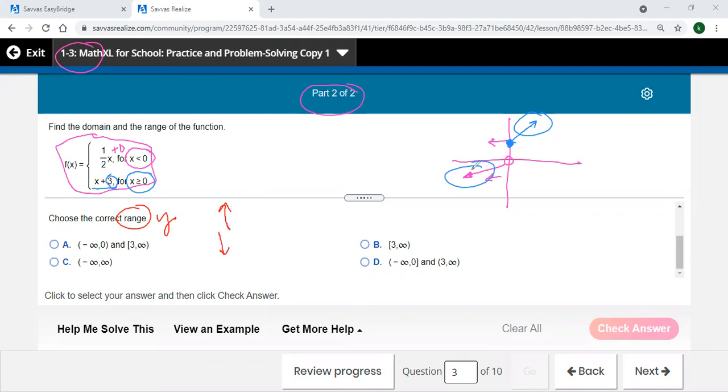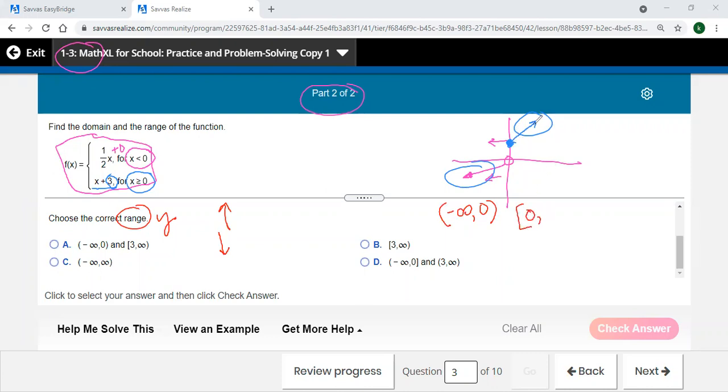So what's the lowest? Because this goes forever down low, this would be a negative infinity, but then it stops here at 0. So when you're going up, you stop at 0. Remember, this 0 is not included. So that's a parenthesis. Infinities are always parentheses because you never can equal. But then it starts over here at 0.